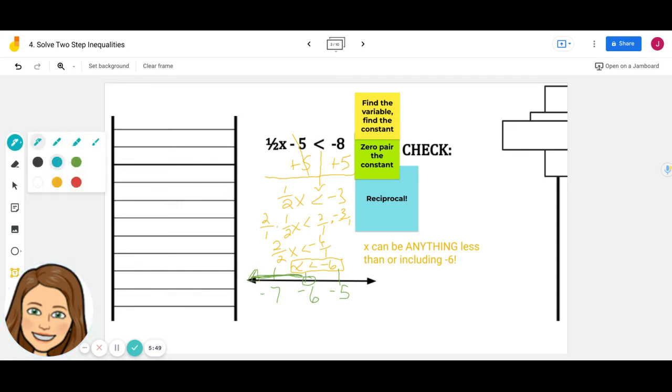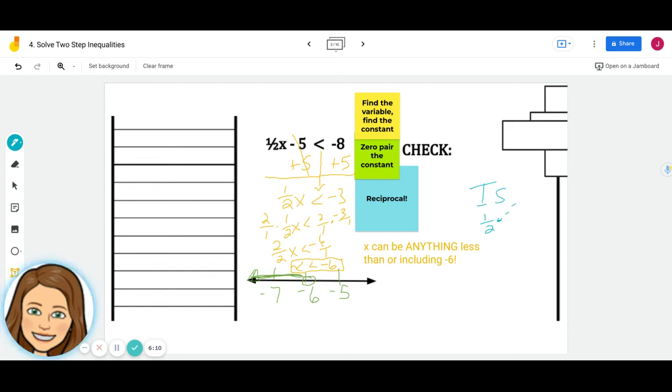And let's do our check. Is 1/2 times, now, I can take half of negative 7. I sure can do that, but it'll be easier for me to take half of negative 8. Remember, my solution set is everything beyond negative 7.